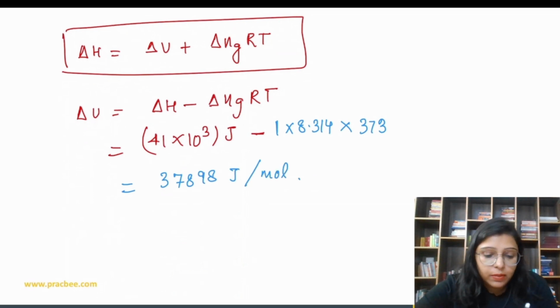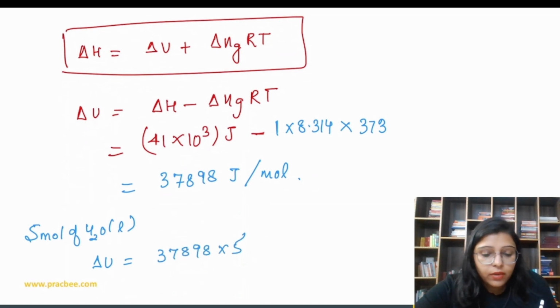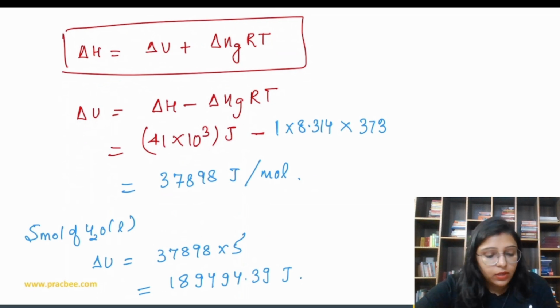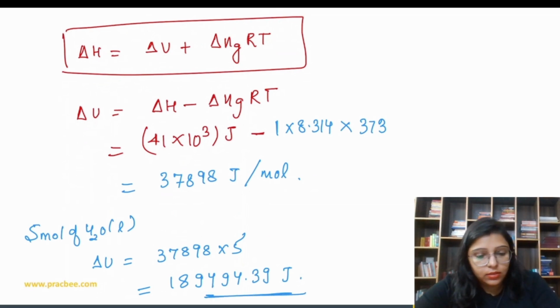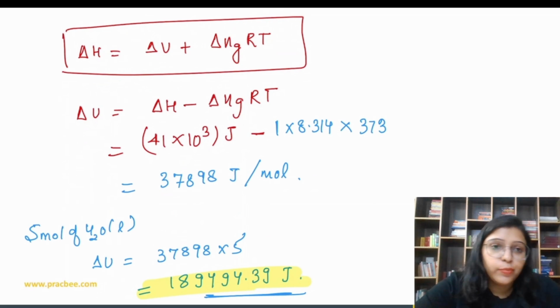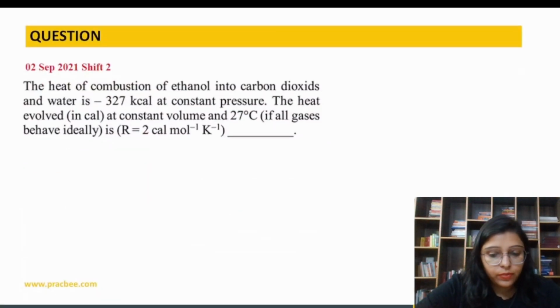We have 5 mole of water, so total internal energy change is 37898 into 5, which is equal to 18949.39 joule. So the answer is this. The options are not there, but the answer is 18949.39. Now let's do the next question.